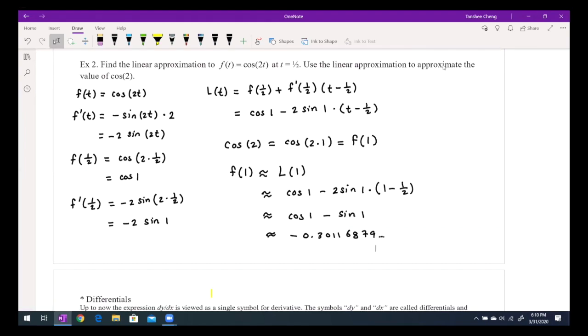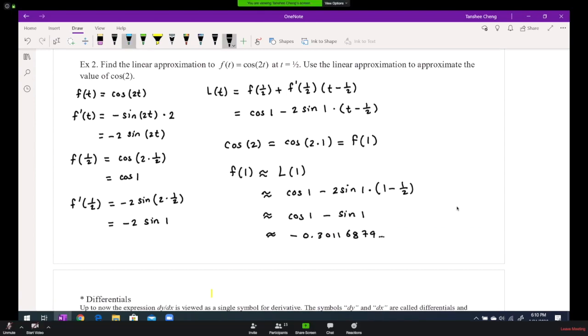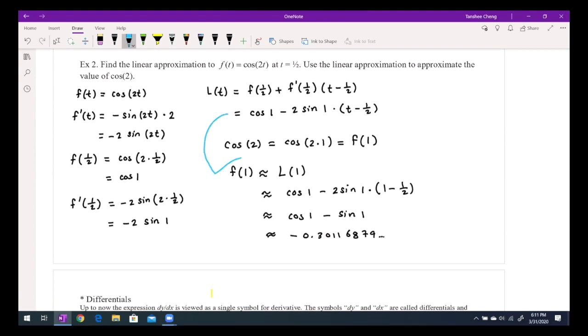How did you get, after L equals T, how did you get cosine 1 minus 2 sine 1 times T minus half? I don't understand how you got the cosine 1. That is basically I'm substituting into this function. Because the linearization function is basically what?